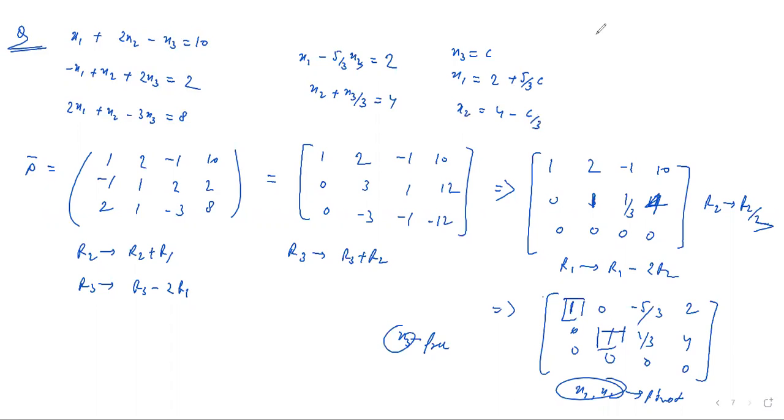Okay, so our solution will be 5 by 3 c plus 2, comma, 4 minus c by 3, comma, c. We can also write this by taking c in common: c times 5 by 3, comma, minus 1 by 3, comma, 1, plus 2, 4, 0.